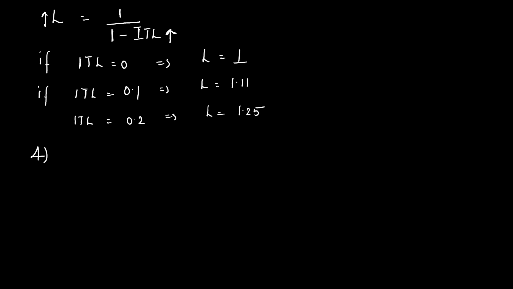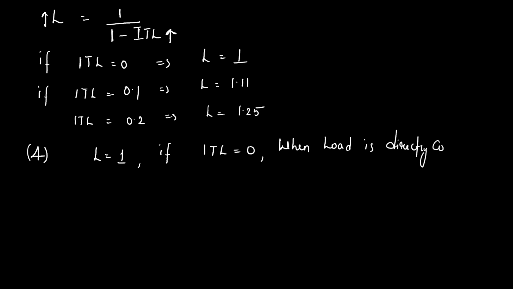The fourth important point is penalty factor is equal to 1 if incremental transmission loss is equal to 0. When will the incremental transmission loss be 0? When the load is directly connected to the generating unit.